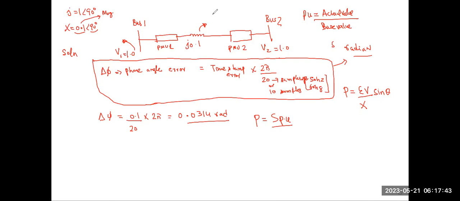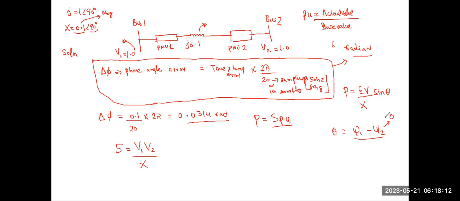Now one more important thing: in this problem the P value is mentioned as 5, and this P value would be equal to E value V1, V value V2, and X as it is, but the theta value is given as psi1 minus psi2. Psi2 is not there, it is 0.